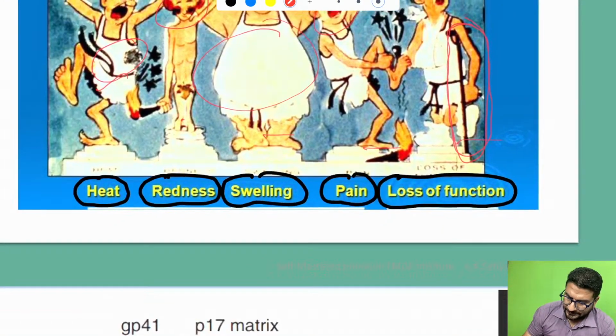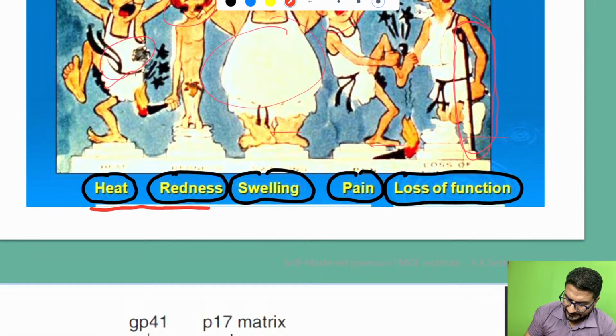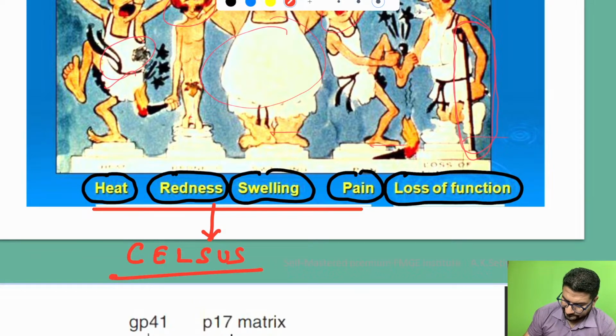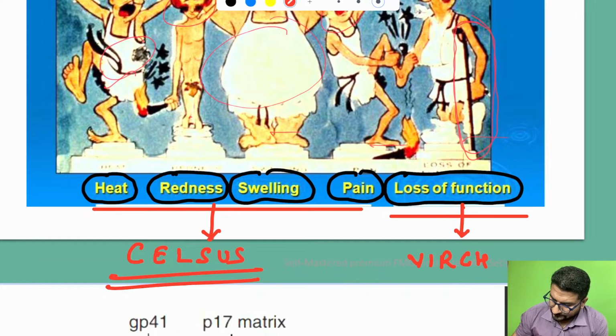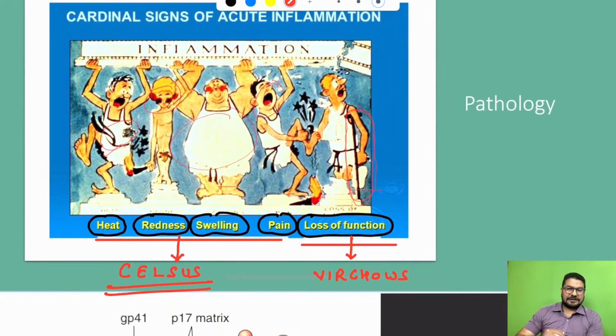The first four signs, heat, redness, swelling, pain, were given by a scientist named Celsus. These are four cardinal signs. And the fifth sign, loss of function, was given by Virchow. So these are total 5 signs.